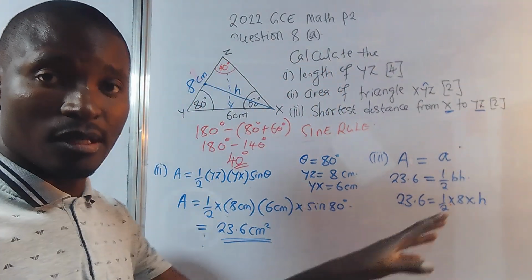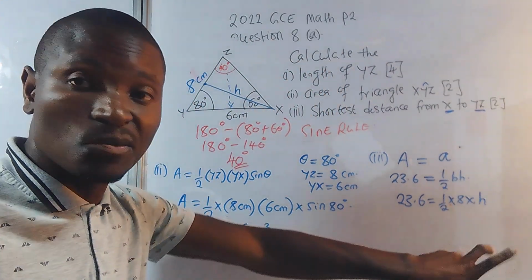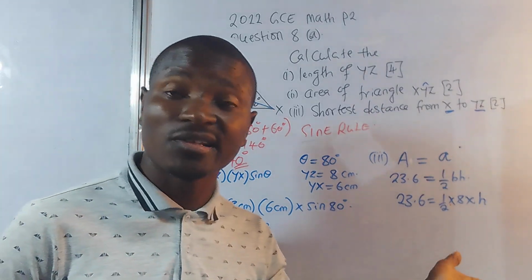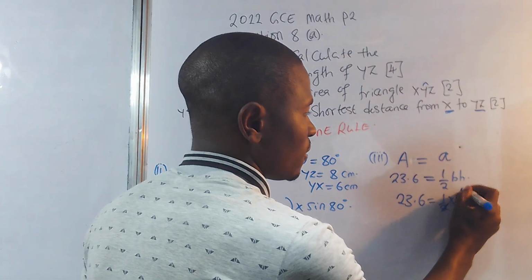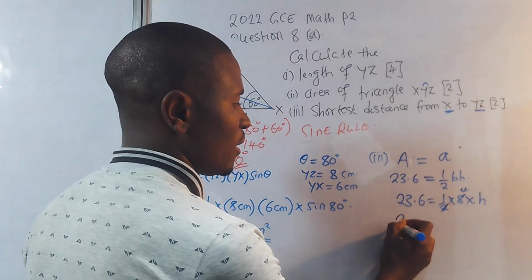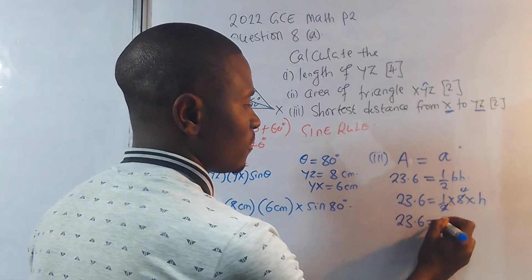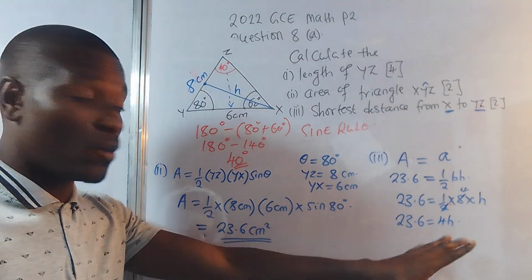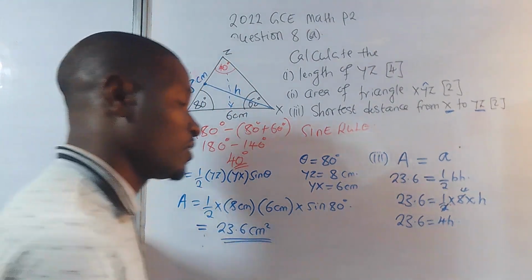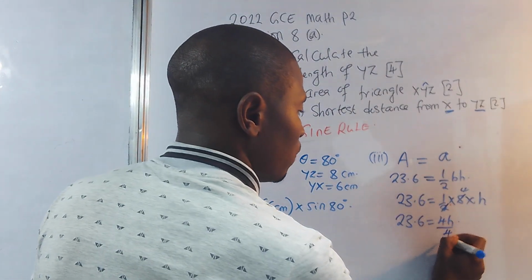From there, we can simplify because everything is now there. Now we can divide both sides of the equation by 4.